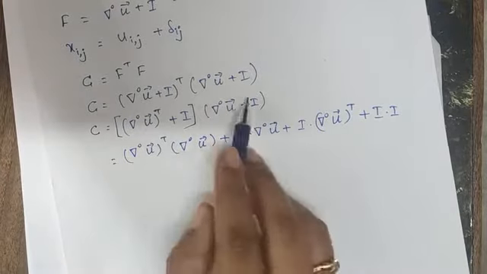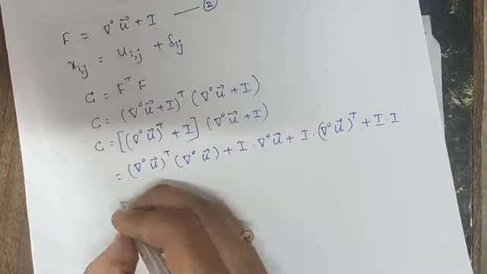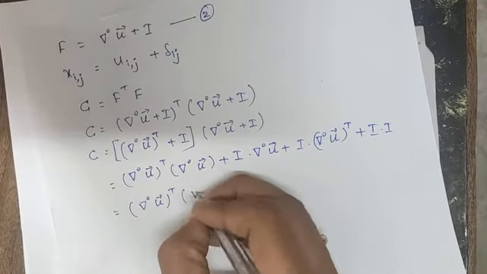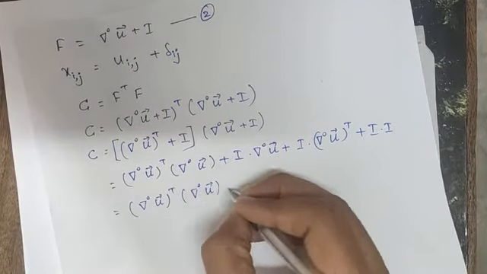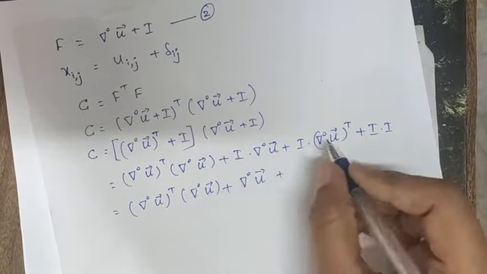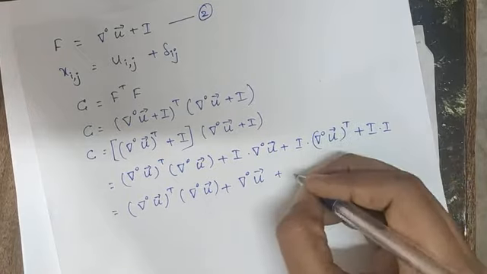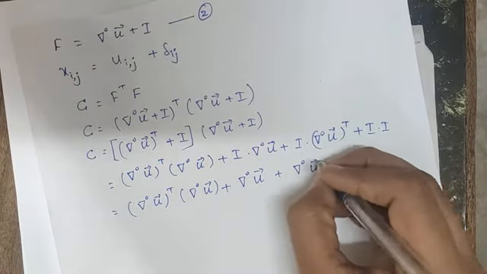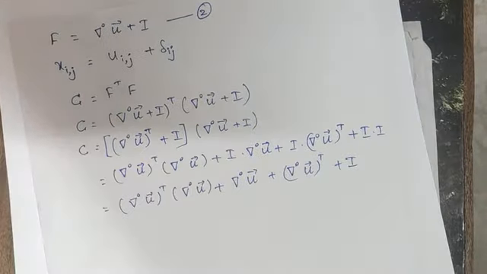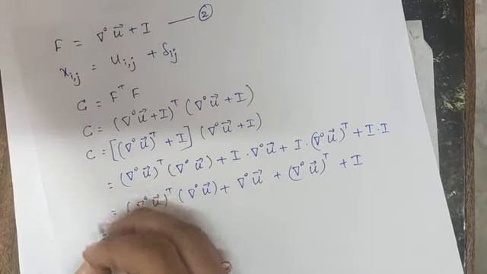So I have just multiplied these two terms. Del naught u transpose into del naught u, plus I into del naught u is del naught u itself, plus I into del naught u transpose is del naught u transpose itself, plus I dot I is I. Now write this in suffix notation.